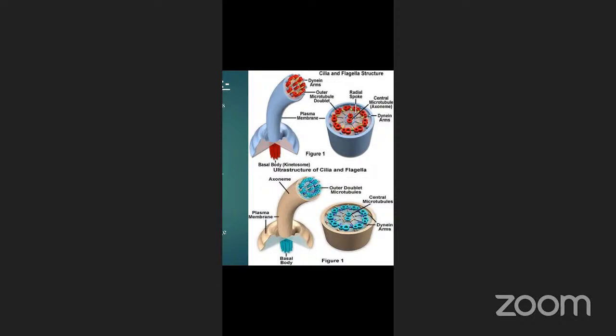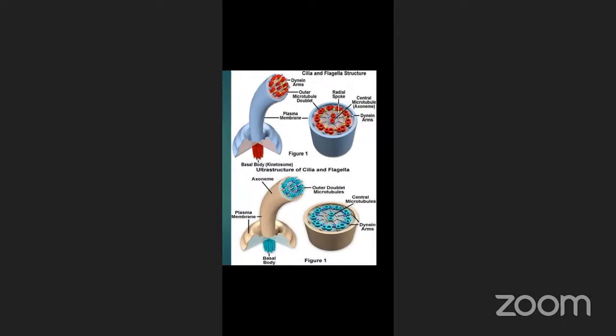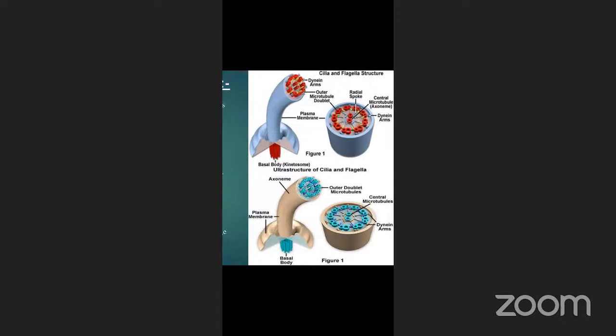At the center, we have one microtubule, called the axoneme, and there are some arms made up of proteins called dynein arms. The movement of these microtubules enables the flagella to move. The basal body, which is also called the kinetosome, is present. Even cilia have a similar structure.